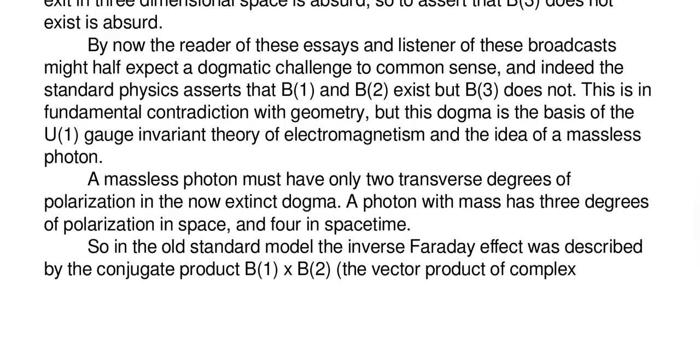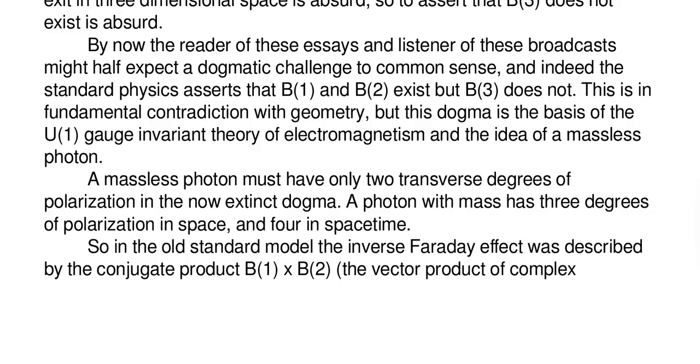This is in fundamental contradiction with geometry, but this dogma is the basis of the U(1) gauge invariant theory of electromagnetism and the idea of a massless photon. A massless photon must have only two transverse degrees of polarization in the now extinct dogma. A photon with mass has 3 degrees of polarization in space and 4 in spacetime.